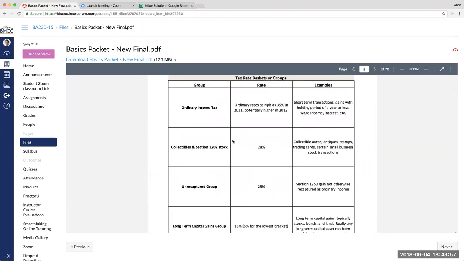A couple of things that are sort of anomalies here in the middle of the table, and one of those is collectibles. On collectibles, we do not give you the preferred capital gains tax rate. We give you this 28% rate. And the reason we do that is because these collectibles are thought to be things that you are not purely investing in for a money-making purpose, but you are actually getting some personal gratification also.